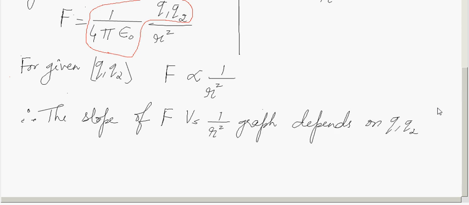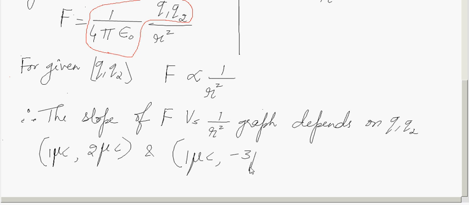Now consider the given pairs of charges. First one is 1 microcoulomb, 2 microcoulomb, and the second pair is 1 microcoulomb, minus 3 microcoulomb. For the second pair, the magnitude of Q1 Q2 is higher because it is 1 multiplied by 3, while for the first it is 2 into 1, that is 2.